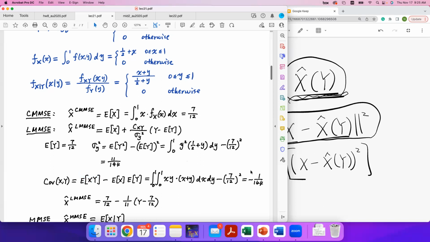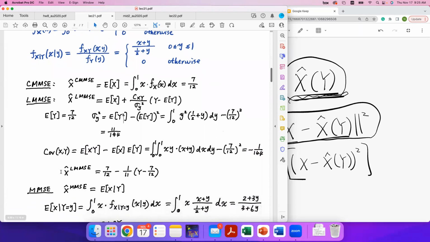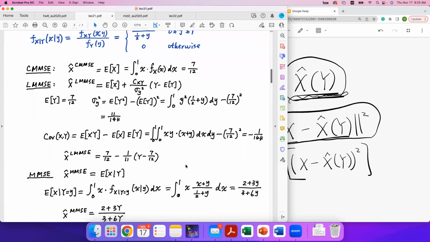In the end, you get a negative result, so the covariance between X and Y is negative. Once you have everything, you plug them into this estimator, and the estimated x is given as such a linear function of y. So this is the linear MMSE.